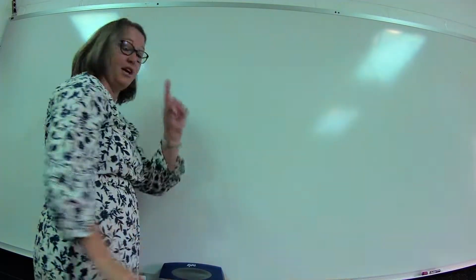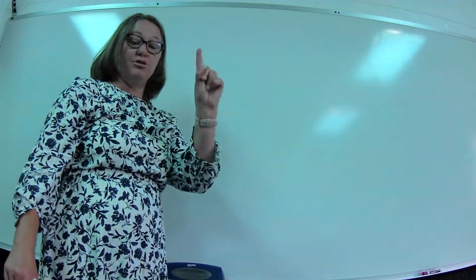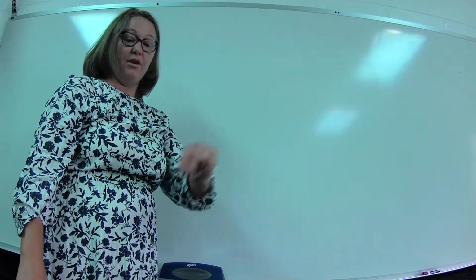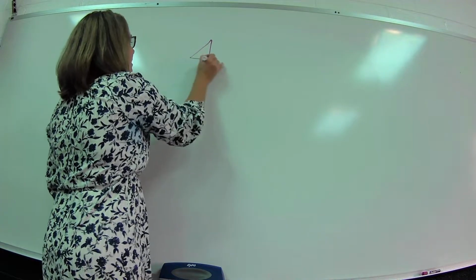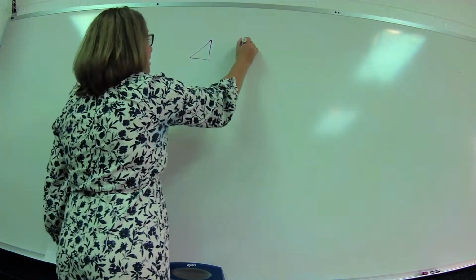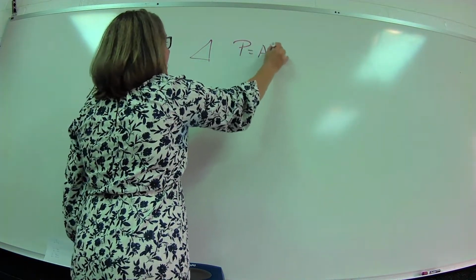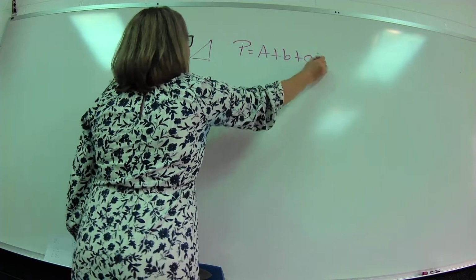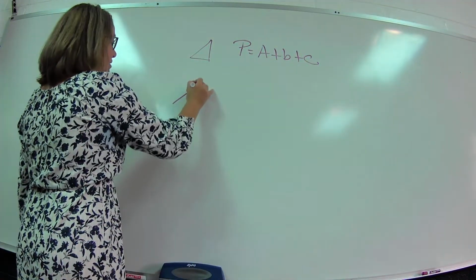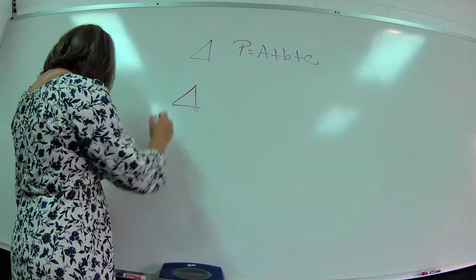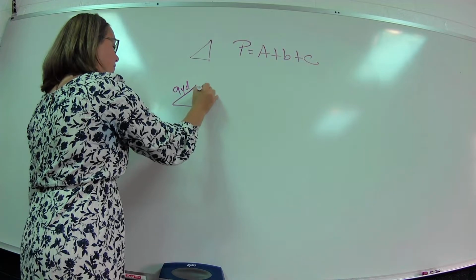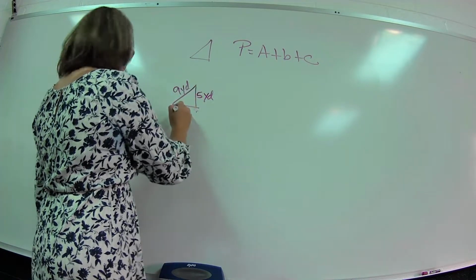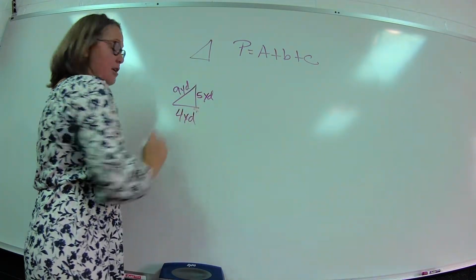Okay, so we've done a rectangle. P equals 2 times length plus 2 times width. We've done a square. Perimeter equals 4 times side. Let's do our triangle. All right, so I have a triangle. P equals A plus B plus C. Let me draw this triangle a little bit bigger so you can see it. All right, say I have 9 yards, 5 yards, 4 yards.